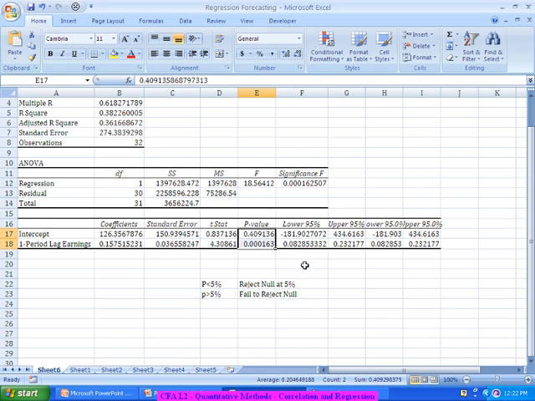The other part of it is the confidence interval, the 95% confidence interval, which is nothing but the actual value plus or minus the t value times the standard error. Here I am taking whatever is the t value. Let's say I am going with a 95% confidence level, which is a 5% significance level.